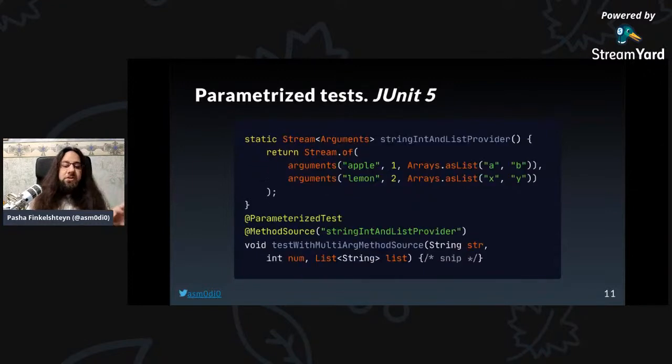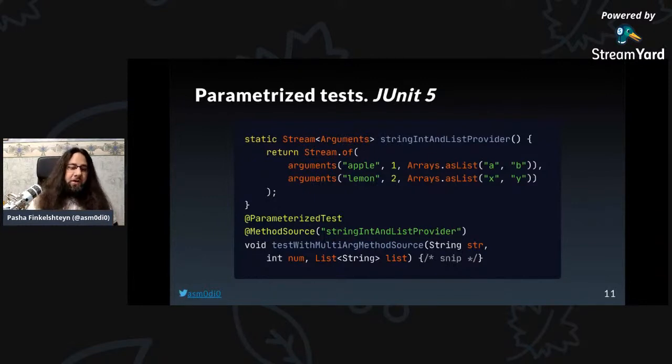Okay, but then JUnit 5 appeared, and it's really better. Now it operates with a concept called parameterized test, and there are functions called arguments, and you pass a stream of these arguments. To be honest, I'm not sure why they're using a stream, not an array, because there is nothing lazy here, and we can't modify this stream in any way after it's generated.